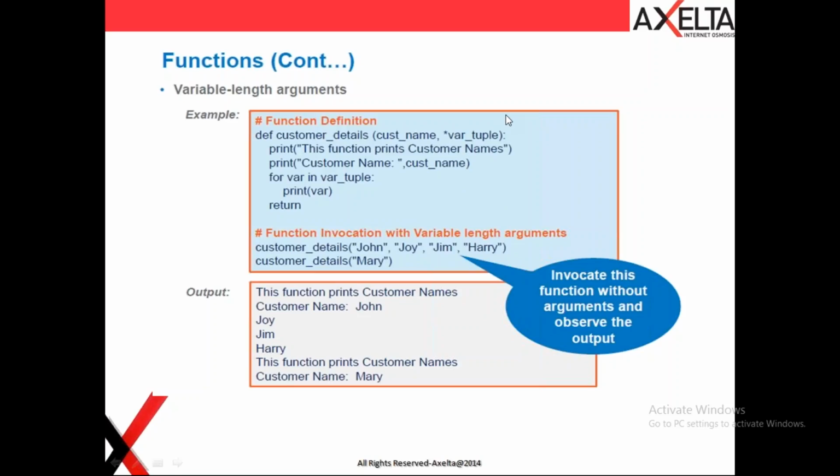Are you getting? See here, for example, customer details. I am calling this function and I am passing how many values? 1, 2, 3, 4 values I am passing. But here how many are there? Only one, and the second one is the variable length argument. So John is given to name, and these 3, George, Jim and Harry, are given to the variable.